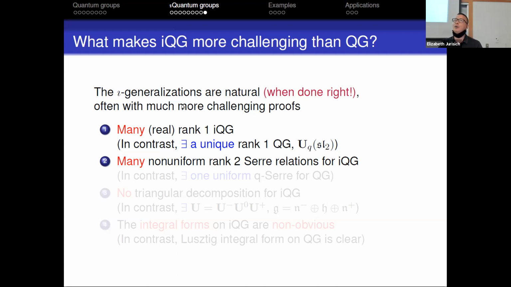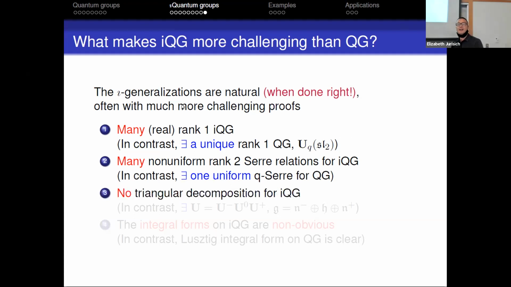But it turns out in the iQuantum group world, even now, there are quite a few that are better understood now, but there are still a few non-uniform ones around. And they are still debatable as to what's the right formulation. Different people give different answers. And another crucial defect for iQuantum groups is that there's no triangular decomposition.